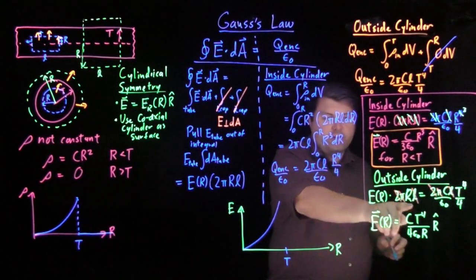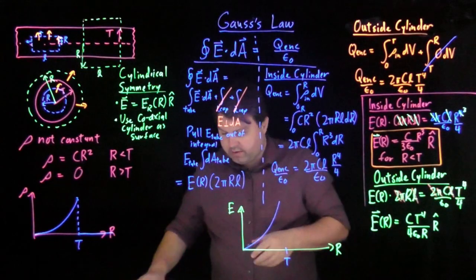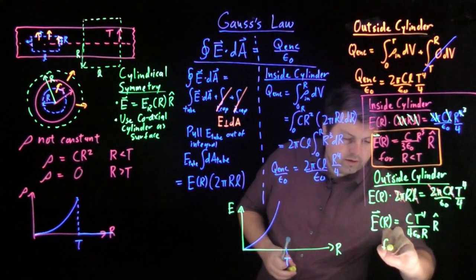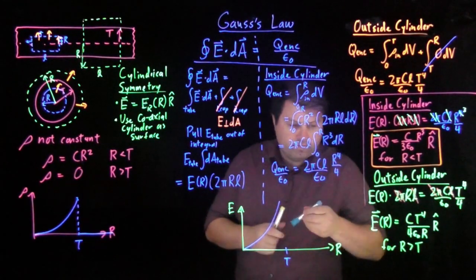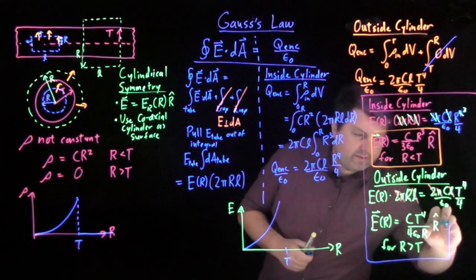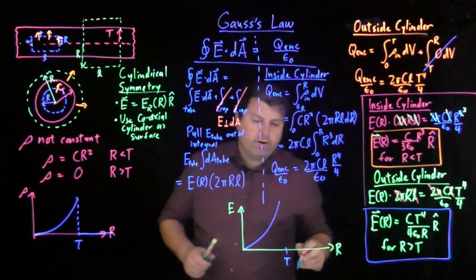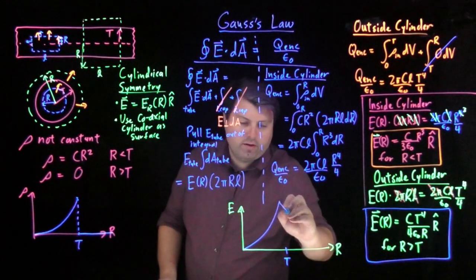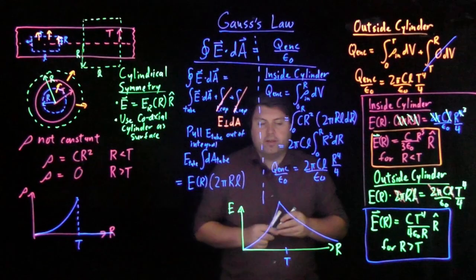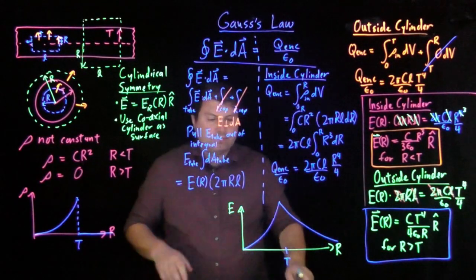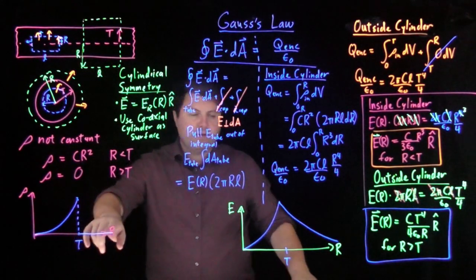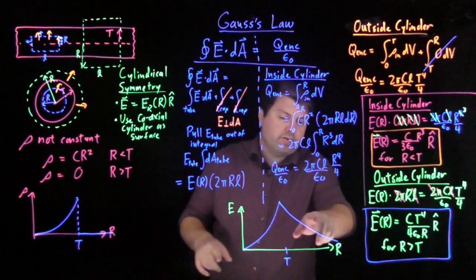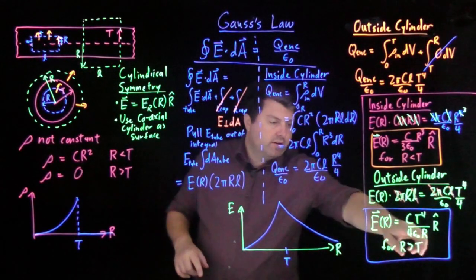And then after r greater than t, we have down here that we have 1 over r. So we would have it be starting to decline a little bit like that. So just to notice, even though our charge density is 0 past here, our electric field will not be 0 until we get all the way out to infinity.